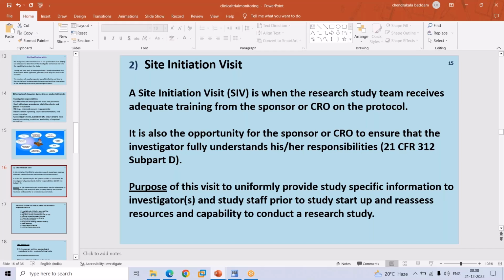The entire team must be trained on the protocol. So it is also an opportunity for the sponsor to ensure the investigator fully understands the responsibilities.